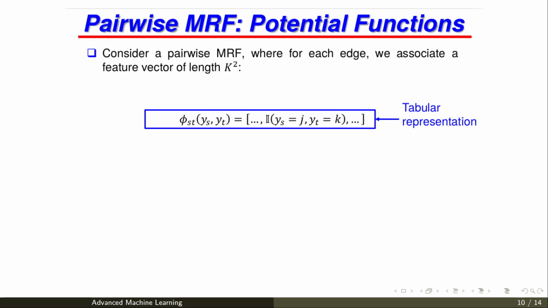In this case, the pairwise representation is a tabular form, and the other one is a linear model.